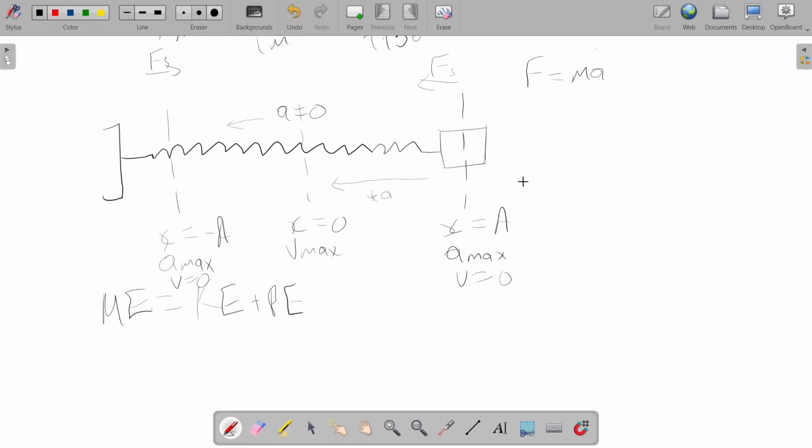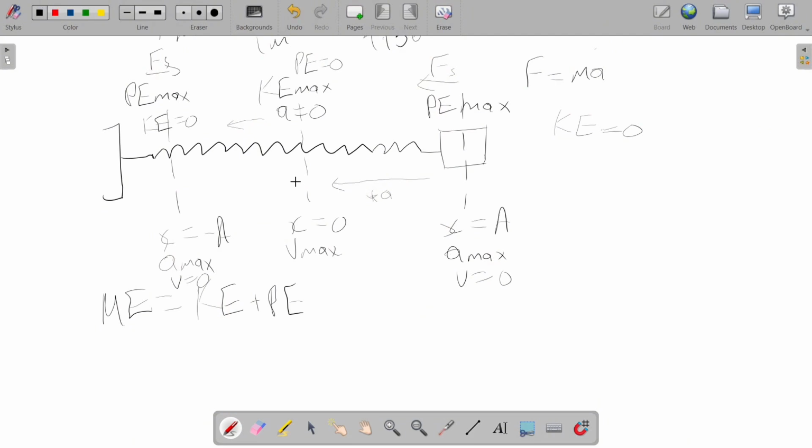Now, what this implies is basically that here it's going to be PE max because the velocity is 0, meaning KE would also be 0, kinetic energy, right? And then here, our KE would be at max because PE would be equal to 0, right? Because there's no acceleration. And then same thing here would be PE max, right? Because KE equals 0 because there's no velocity.